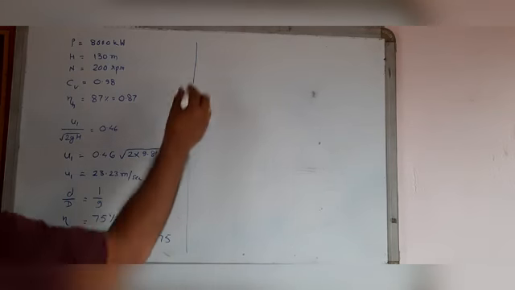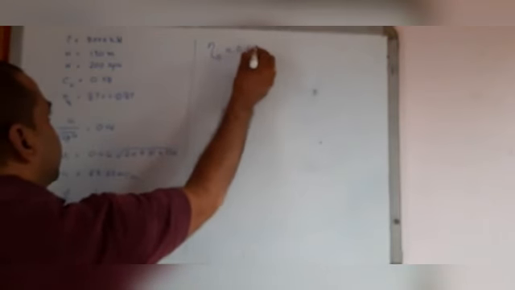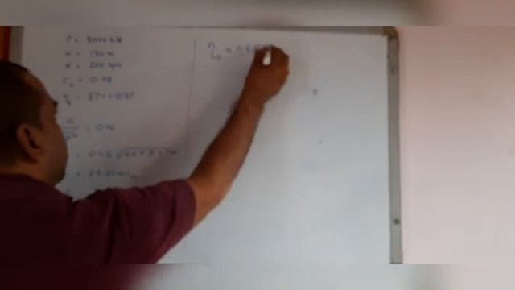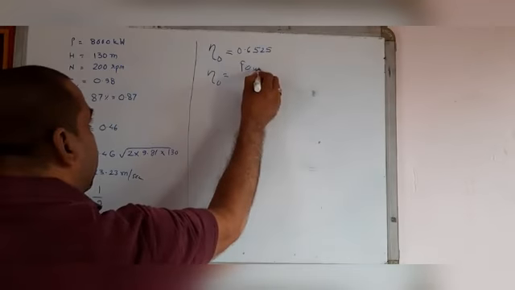So this overall efficiency comes 0.6525. As we know, this overall efficiency is equal to power developed divided by water power.